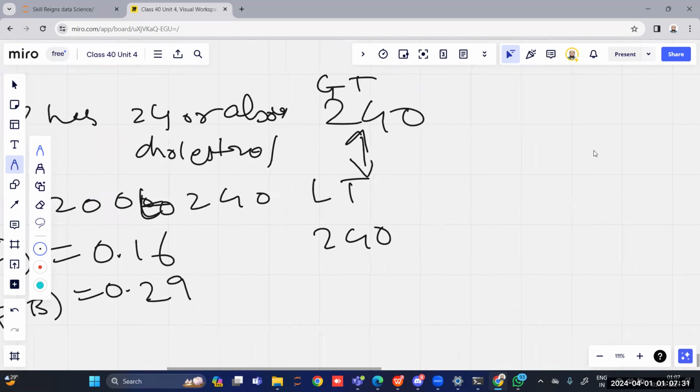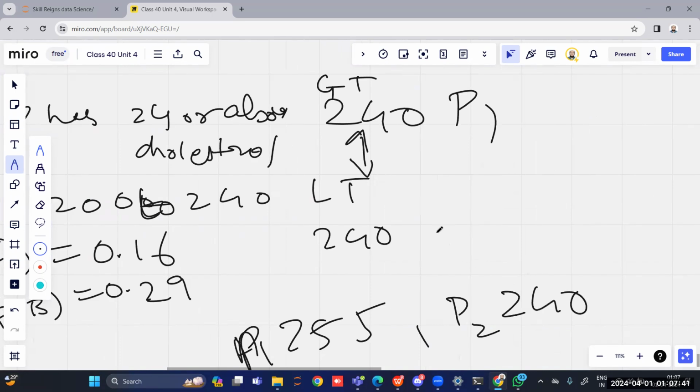Yes or no? Suppose a person has a cholesterol level of 255. Suppose P1, where will he go? Here. Suppose P2 has 240, so P2 will go here, sorry, because 240 is not greater than 240. And if P3 has 239, it will come here.